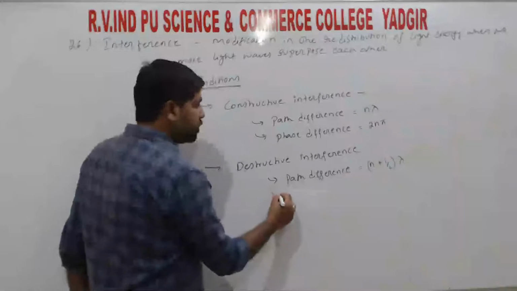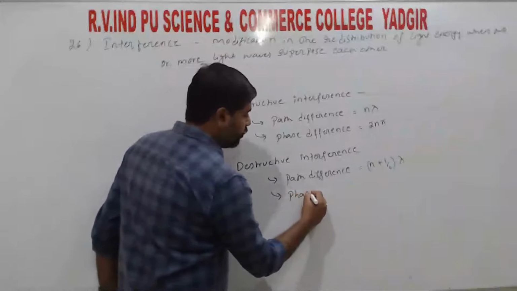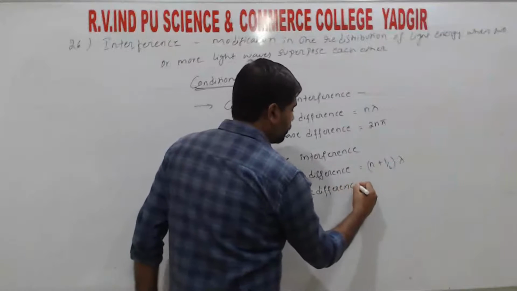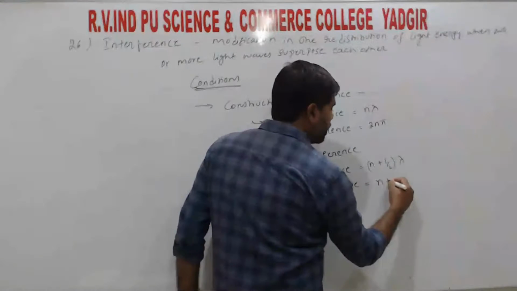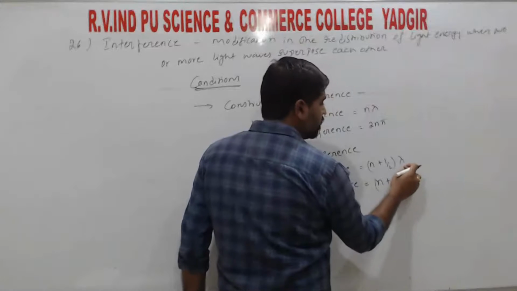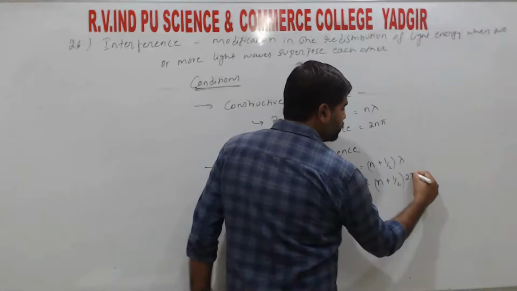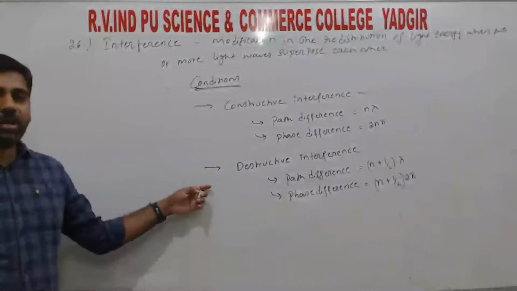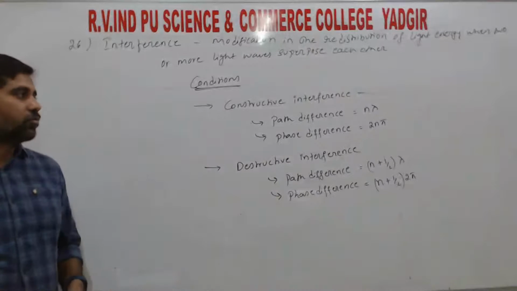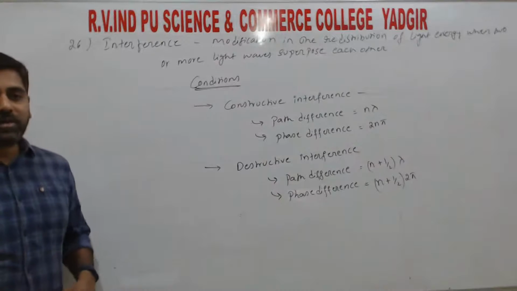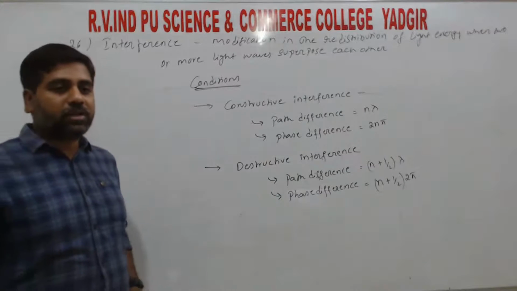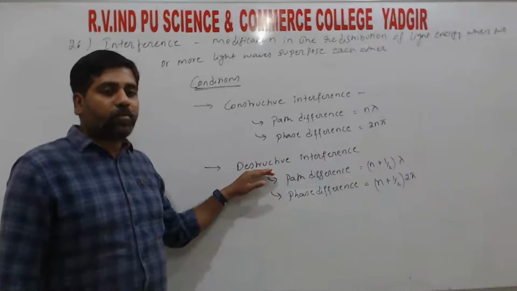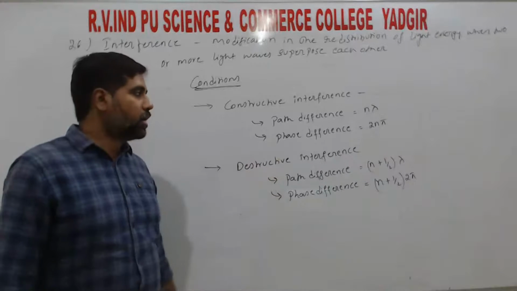The same in terms of phase difference: it is again n plus 1 by 2, keeping as is, and in place of lambda you need to substitute 2 pi. That's it. But in the exam you don't write what is needed, right? It is simple. If you remember the path difference, you can easily write the phase difference, right? So constructive has n pi, destructive has n plus 1 by 2, right?